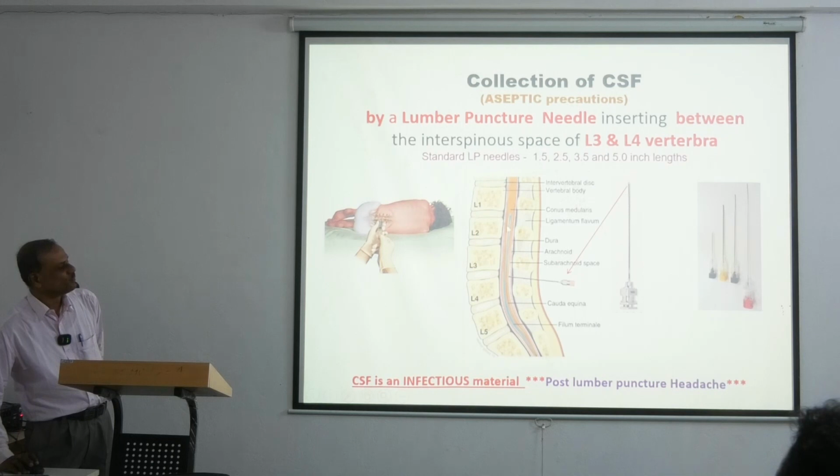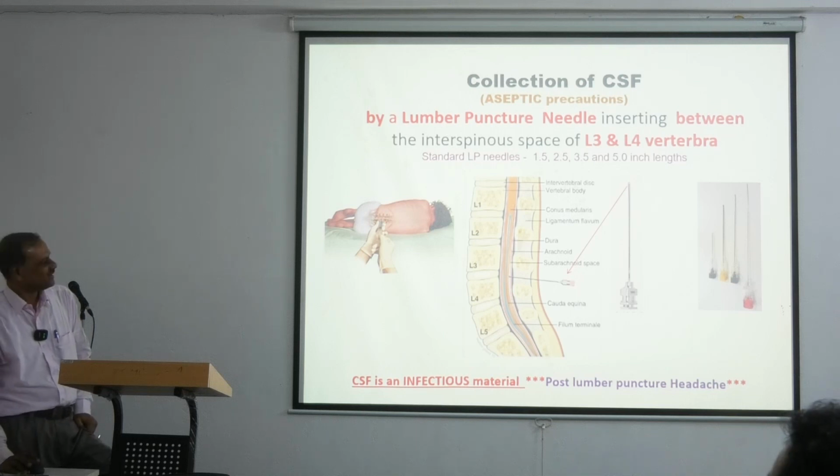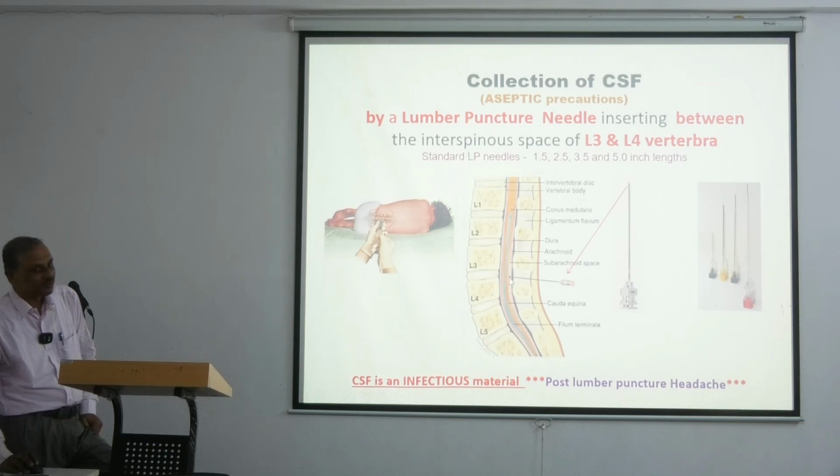If you puncture above this site, the spinal cord is likely to be injured. Now, usually in all cases, it may not end right here, so one space is usually left. Dura mater is also there. So, one step down, between L3 and L4 vertebra, CSF is collected.